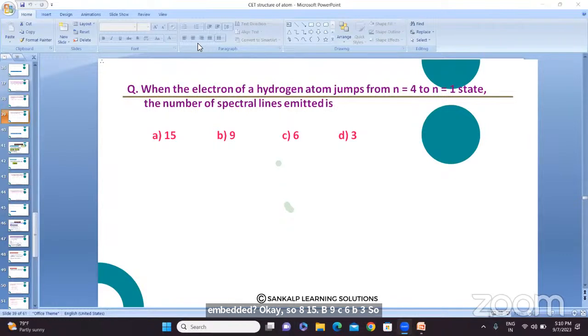We have seen the formula to calculate the spectral lines, right? What is the formula?